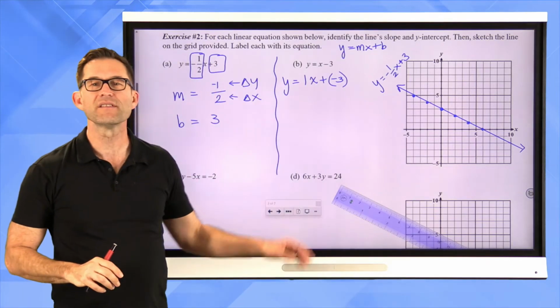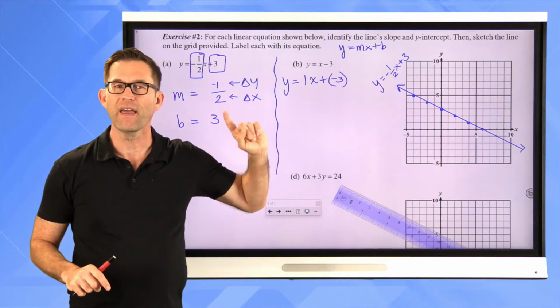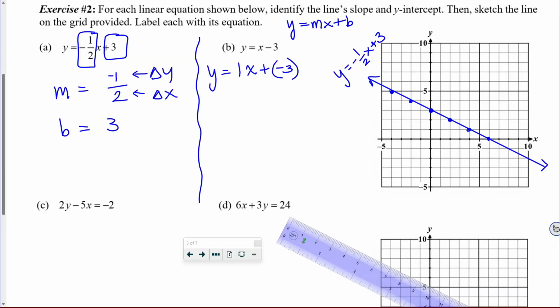Okay? So this literally makes it look like this form. Now, in that case, of course, what I now know is that my slope is 1, and actually maybe I'll write it like this, 1, which I can interpret as 1 over 1, and my y-intercept is -3.